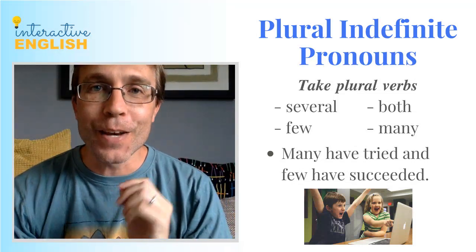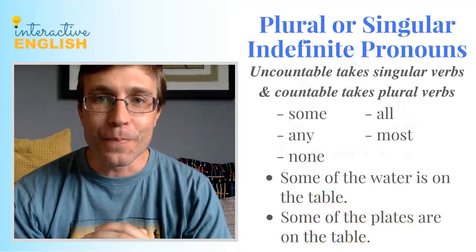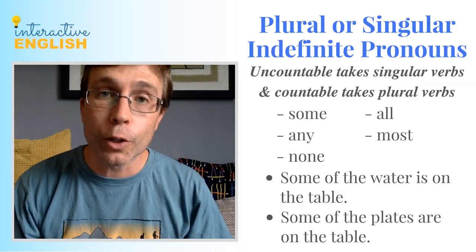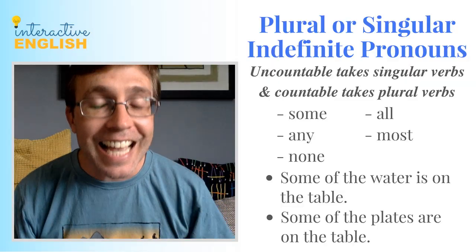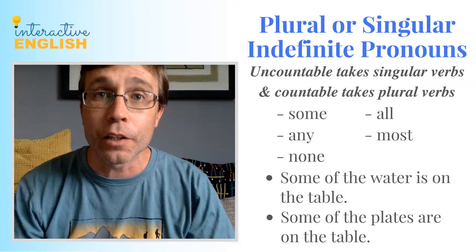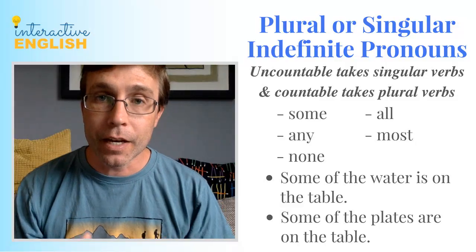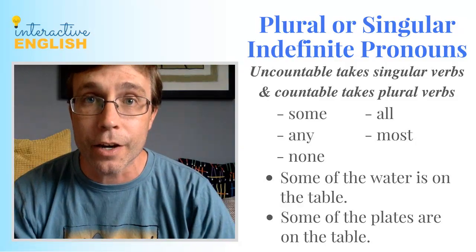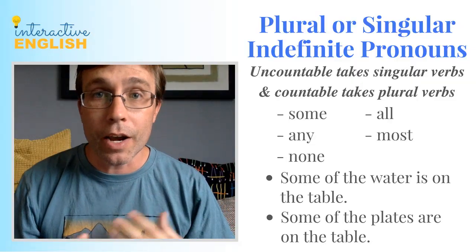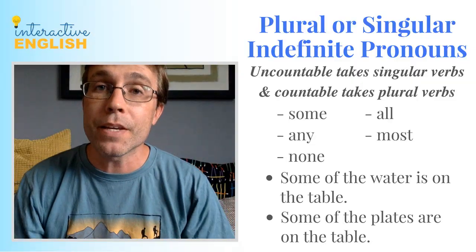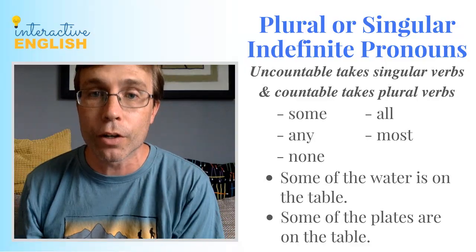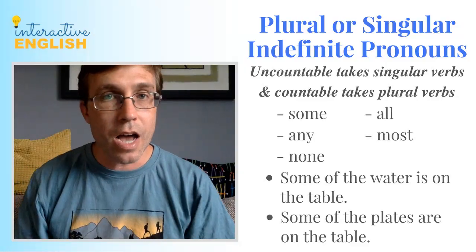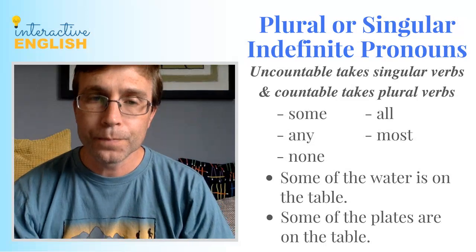Okay? So now let's talk about some indefinite pronouns that can be either plural or singular. And again, this is where it gets a little more advanced, because some of these pronouns, like these five right here, depending on how they're used, may be singular or they may be plural. So we have five of them: some, any, none, all, most.